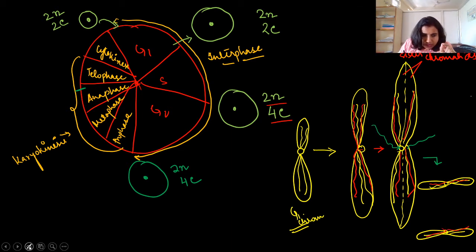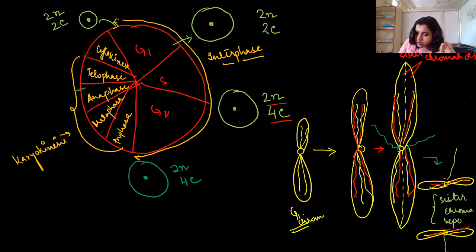This is basically done by the thin thread-like structure, and this is what we call sister chromatids separated. So in anaphase, you will get a cell like this with one set of chromosomes here, 2N 2C, and here also 2N 2C, right?